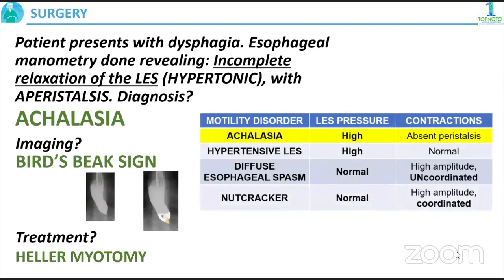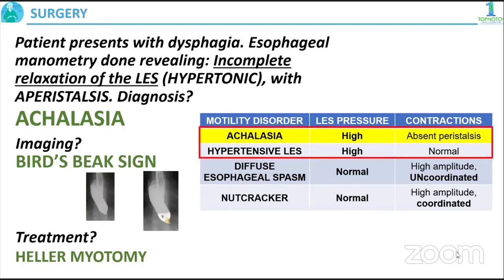Now we have different motility disorders, and sometimes they have questions which describe a particular manometric reading, and you need to identify which is which, right? So I'm going to simplify it for you. We can differentiate them first into high or normal LES pressures. We have achalasia or hypertensive LES. Both of them have high LES pressure.